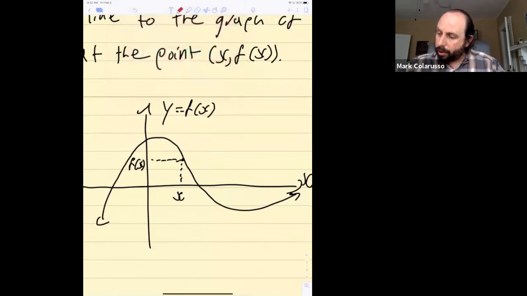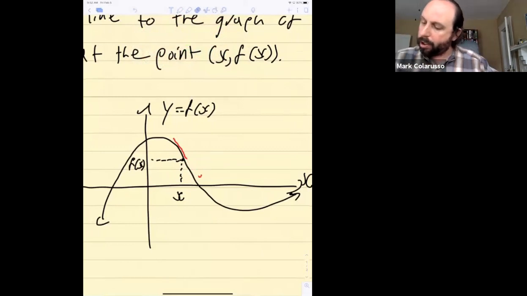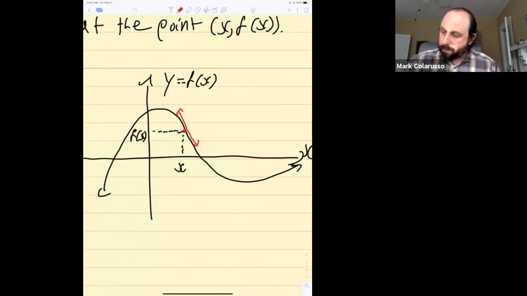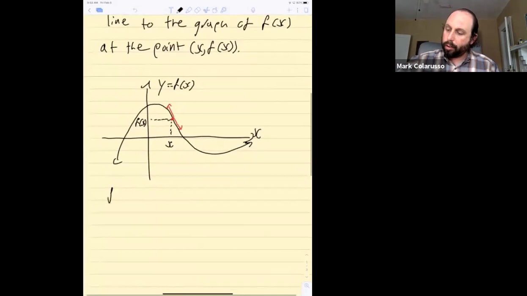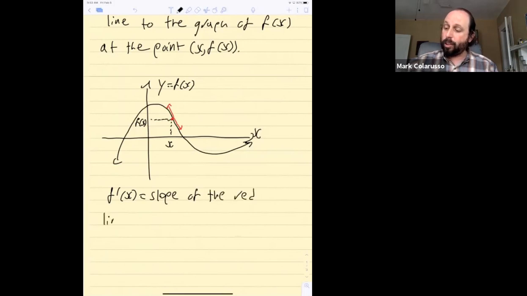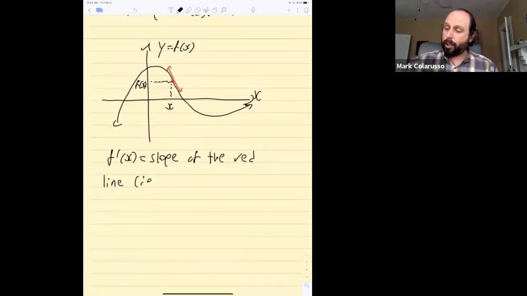Then if I draw the tangent line, it's not the best, but there we go, that's pretty good. Then the value f prime at x is the slope of the red line, i.e. the tangent line at (x, f of x).